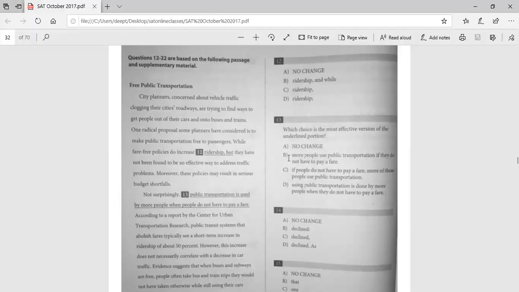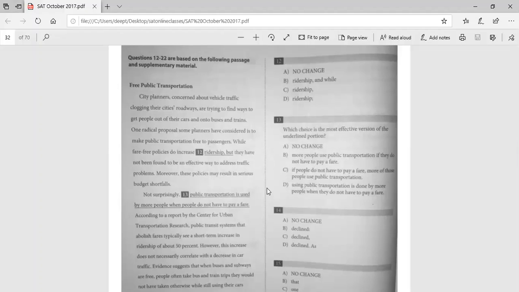Okay. Now between these two, more people use public transportation if they do not have to pay a fare versus if people do not have to pay a fare, more of those people. Now, when I say more of those people, that means I'm categorizing that there's some set of people who would pay the fare, and there are another set of people who don't have to pay the fare.